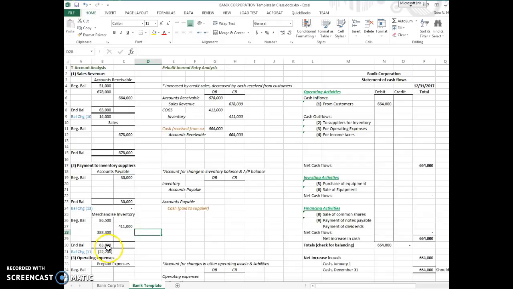I've got an ending balance of $63,800. If I purchased merchandise, then I must have also increased my accounts payable. So if I had a debit to merchandise inventory, I should have also had a credit to accounts payable for the same amount. And we'll rebuild those entries here in just a second.